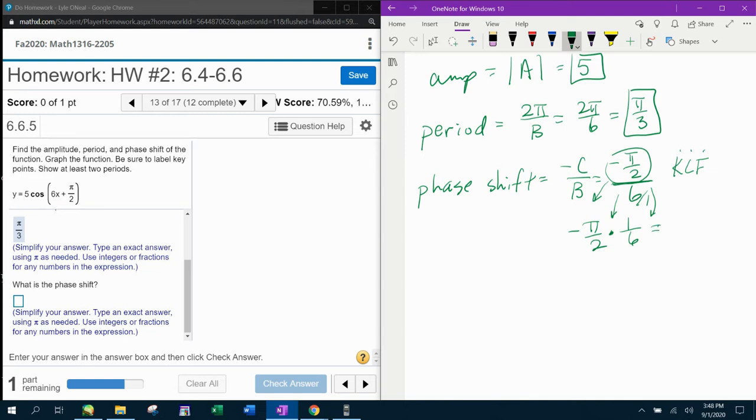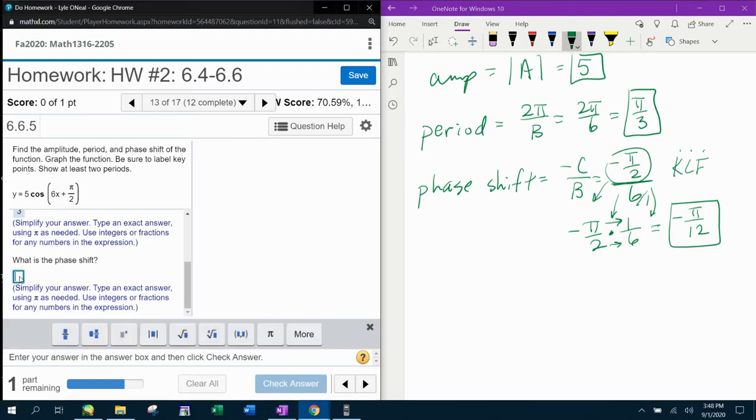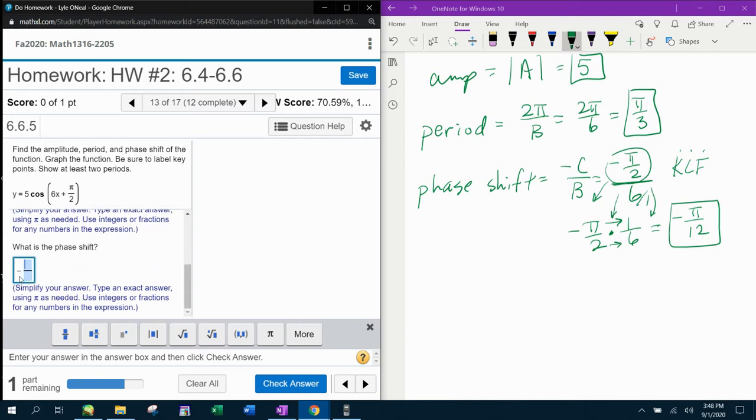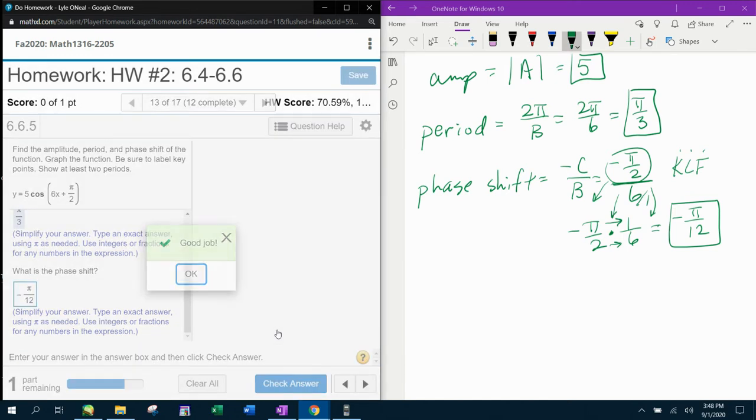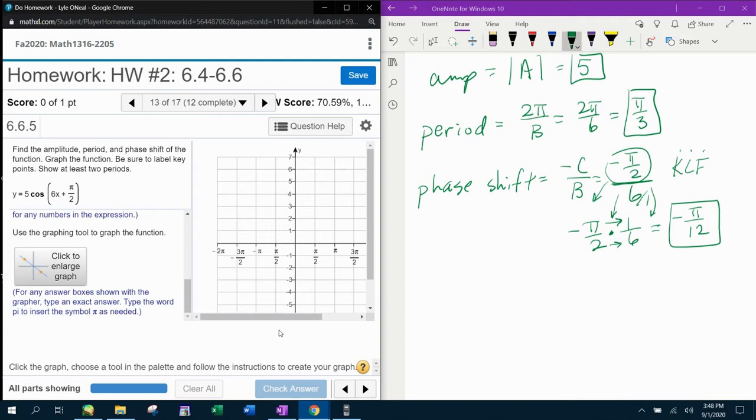And then we can multiply straight across, and we're going to get negative pi over 12 as our phase shift, negative pi over 12. And if I input that correctly, whew, okay, so far so good.